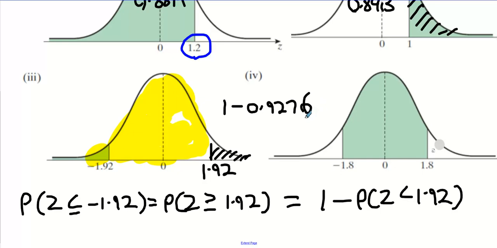And what's your answer? Anybody know? 0.9726. I got it mixed up, did I? Anyone else, you take it away? 0.0274.